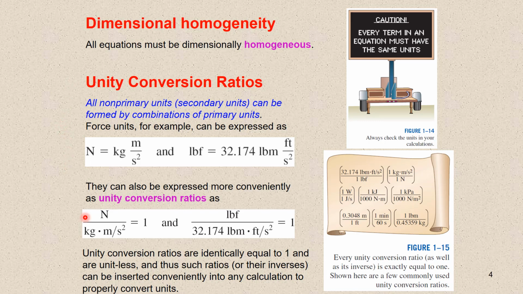They can also be expressed more conveniently as unity conversion ratios: 1 Newton divided by 1 kilogram meter per second squared equals 1. Unity conversion ratios are identically equal to 1 and are unitless, and such ratios or their inverse can be inserted conveniently into any calculation to properly convert units.